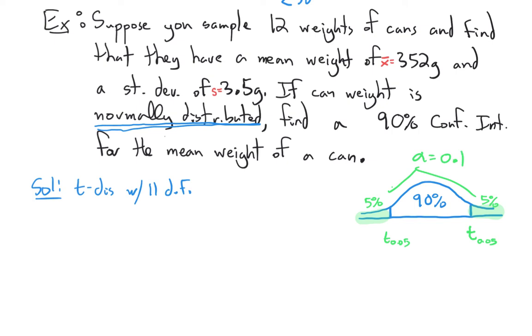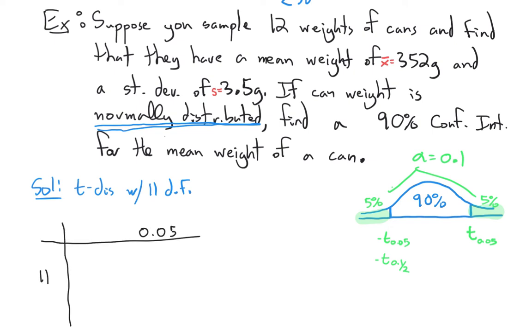So you can look at these as t of 0.1 over 2, which is 0.05. So that's negative t of 0.05 and positive t of 0.05. So we need to go to our table to look this up. So pause the video now and get up your t table and see if you can find that value.